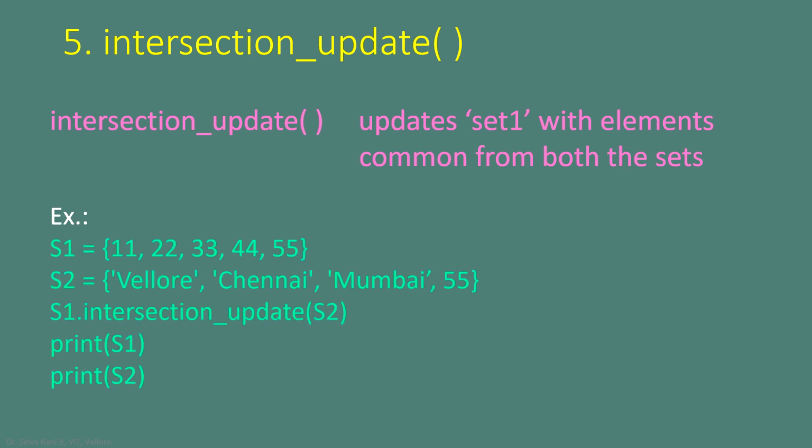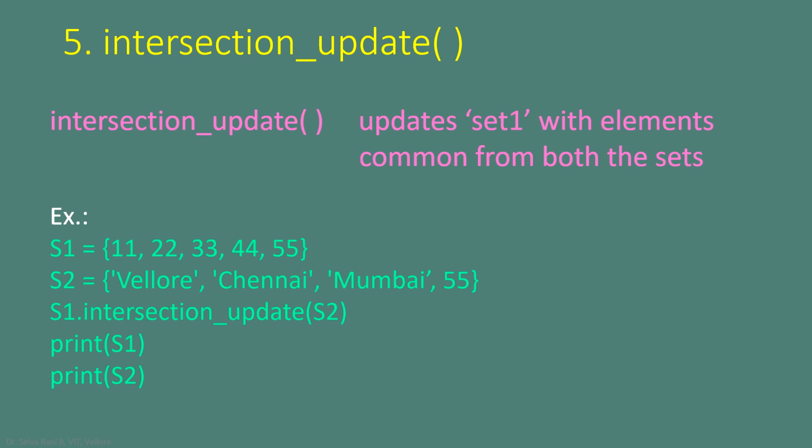For example, let S1 is equal to 11, 22, 33, 44, 55 and S2 is equal to Vellore, Chennai, Mumbai and 55. If we perform S1.intersection_update(S2), first, the intersection between S1 and S2 will be carried out.